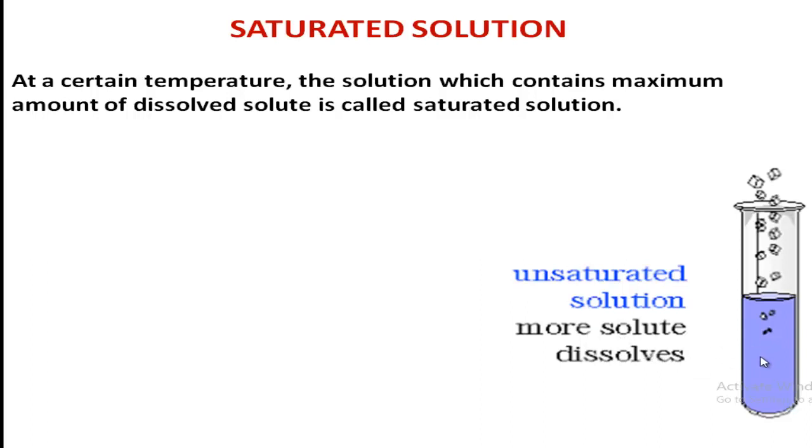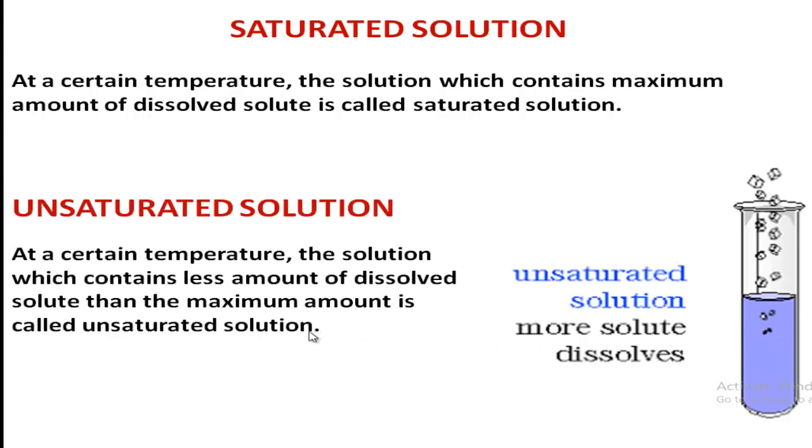So when a solution can dissolve more solute, that condition of a solution is called an unsaturated solution, and its range will be from the first addition of solute up to just before the saturated solution. So how can we define the unsaturated solution?